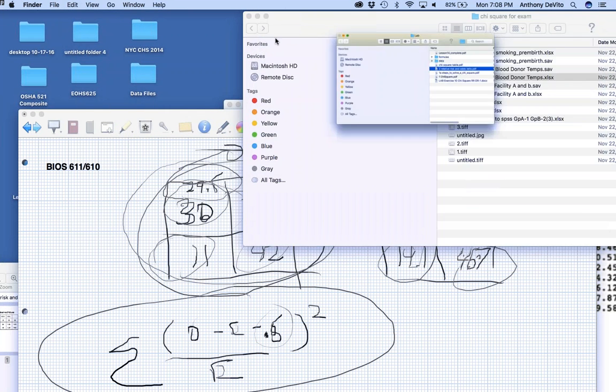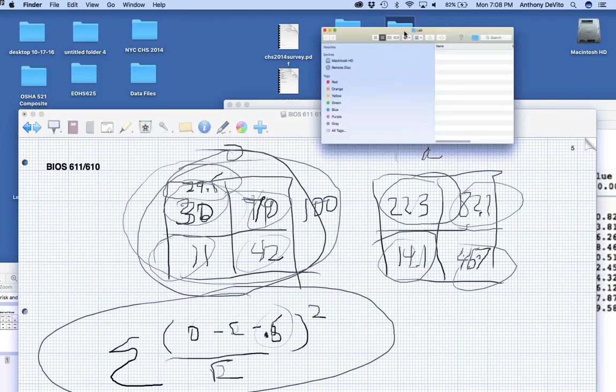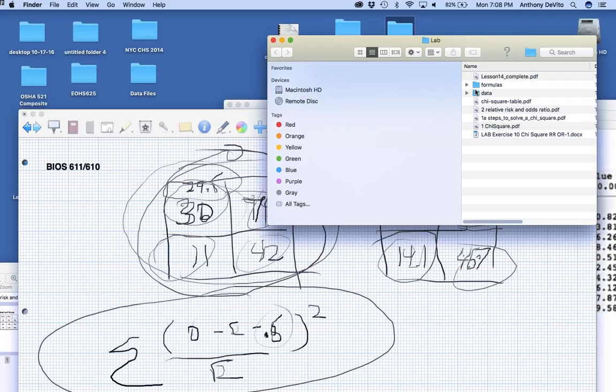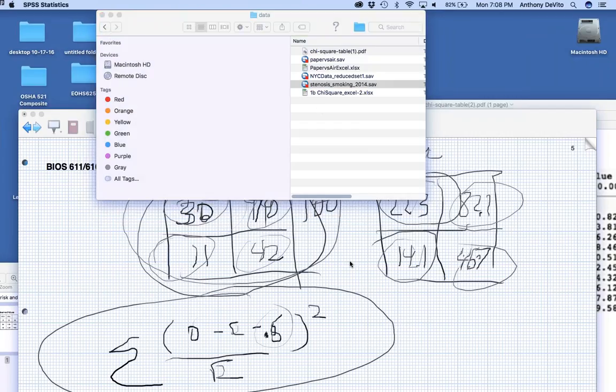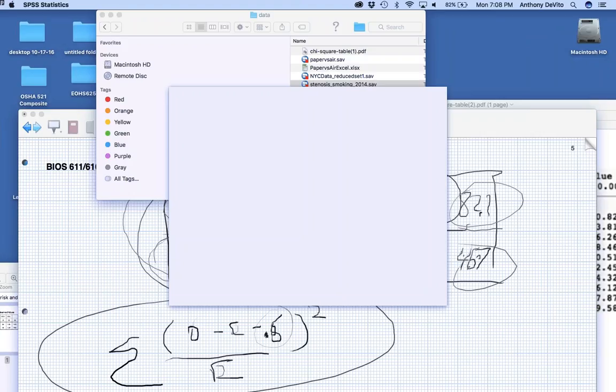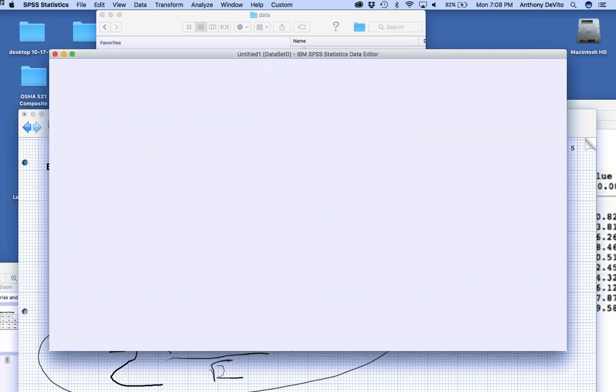I think I have another one back here. Okay, let me open up this SPSS file. Now, chi-square you can calculate easily enough using Excel, right, without too much of a problem.